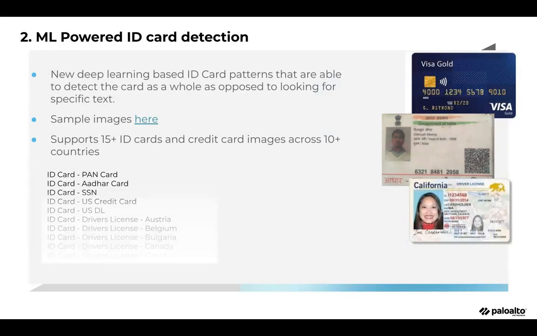This is around ML powered ID card detection. Typically, we see things like specific geographies have their own ID card that needs to be detected. You have specific confidential information which you would detect through a typical OCR program, like here you have DL number, here you have Aadhaar number.